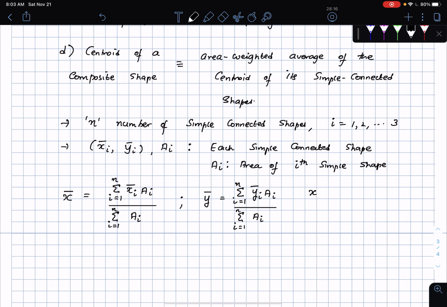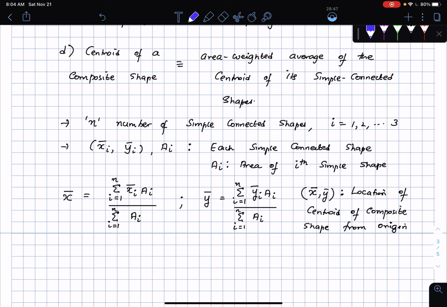Here x bar and y bar is the centroid of the composite shape from the chosen origin, so the location of the centroid of the composite shape from the origin. This is the typical formula that we will be making use of in our problems.